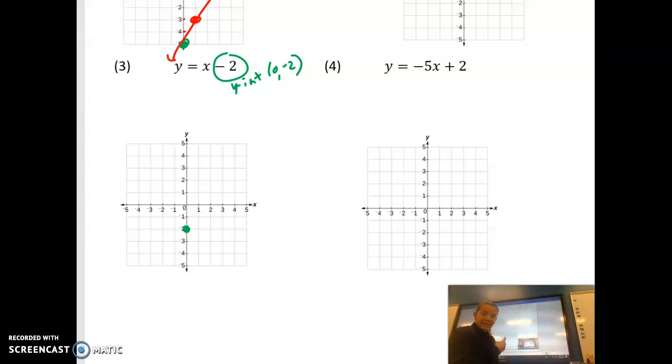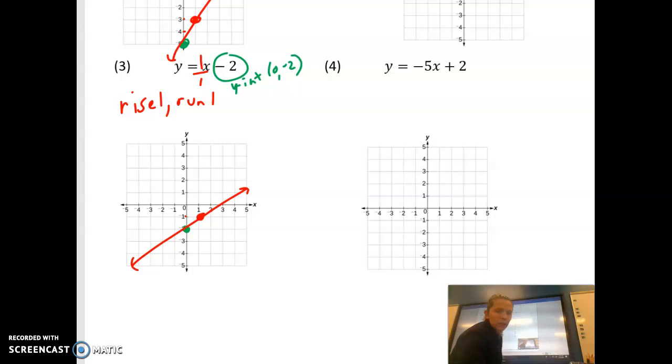There is one x here, so technically there's a 1 here. But I have to write it as a fraction. So to write a whole number as a fraction, I put it over 1. So rise 1, run 1. Okay? So from this point, I rise 1, I run 1. Again, 2 points to graph a line.